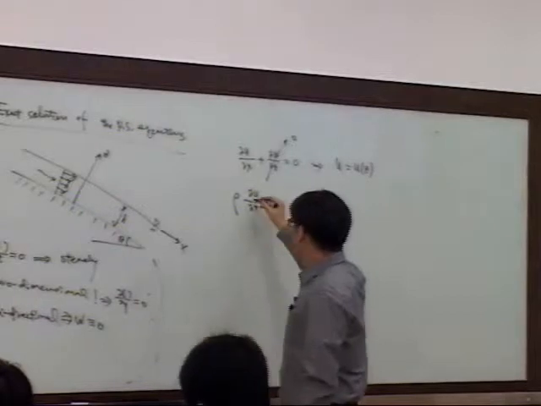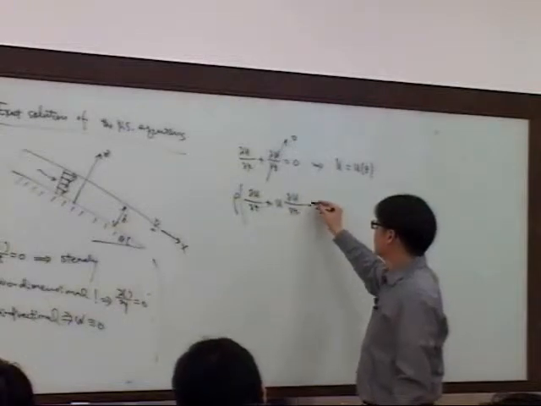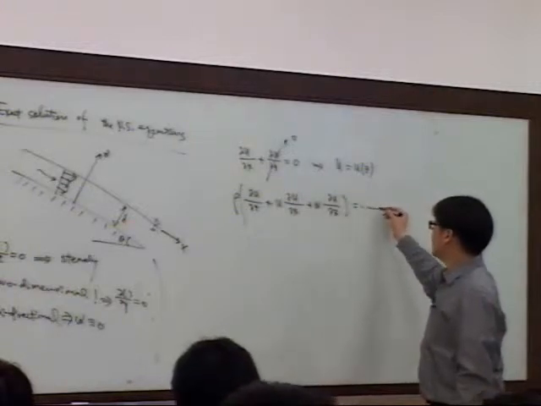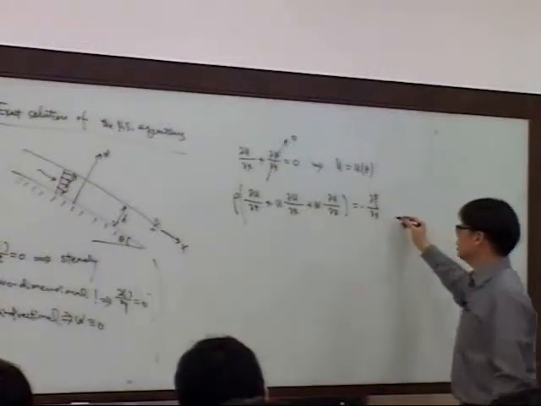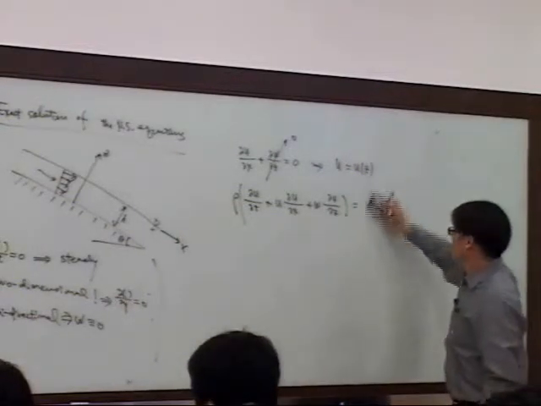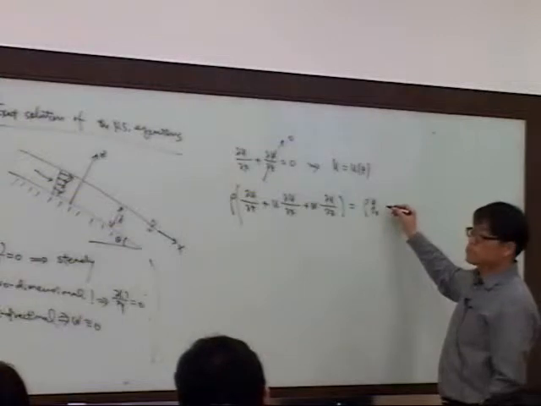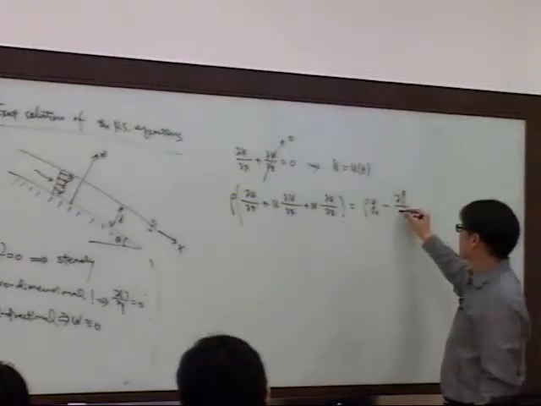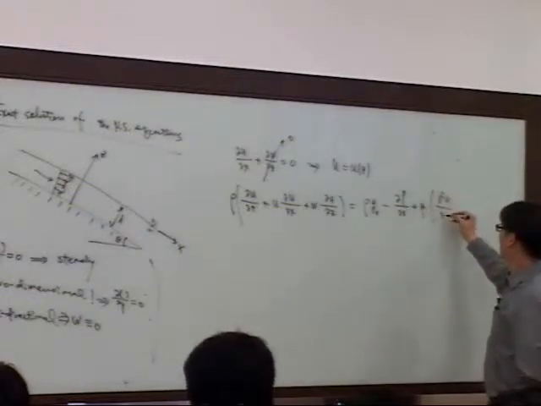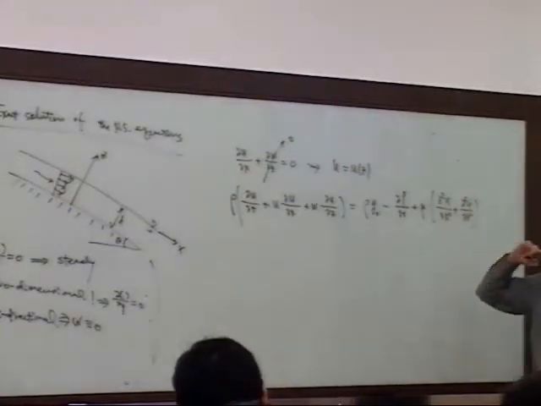So I have du dt plus u du dx plus w du dz is equal to minus dp dx, plus rho g x component, plus mu, right?